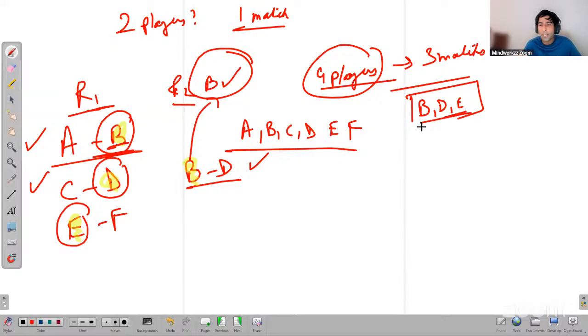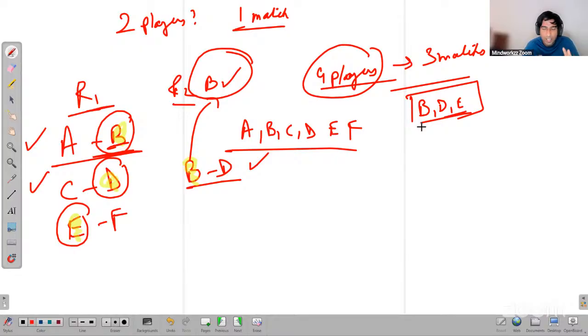So how can you have three players playing in a match or in a round? You can't, unless you have some clue which tells you that they are going to play against each other.